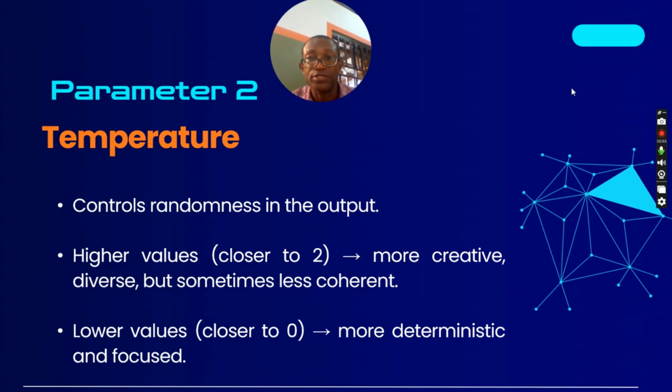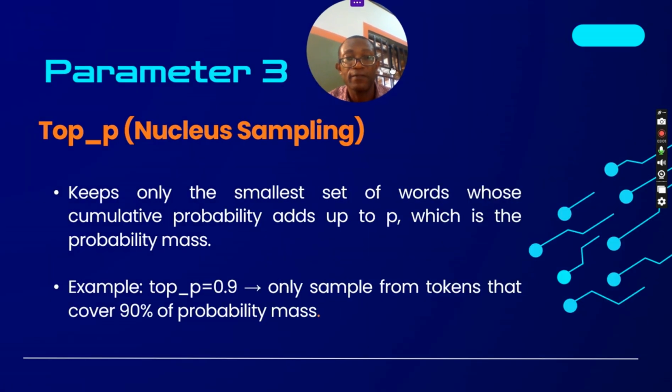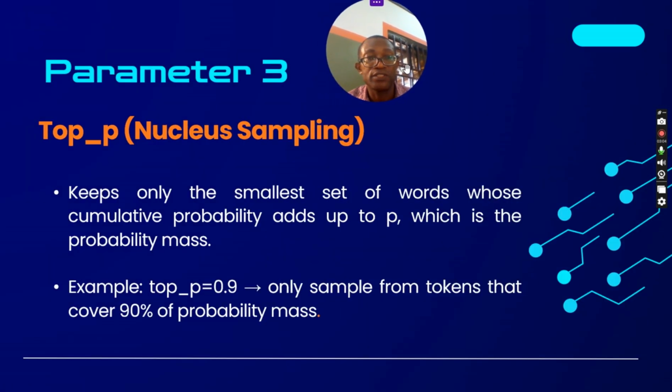Parameter number 3 is the top P, which indicates nucleus sampling. This parameter keeps the smallest set of words whose cumulative probability adds up to P, which is the probability mass.